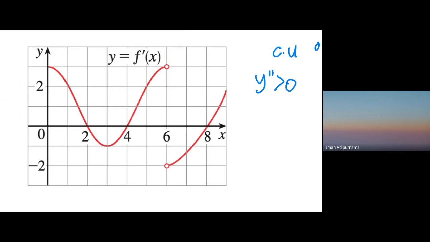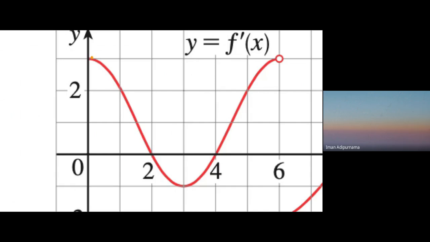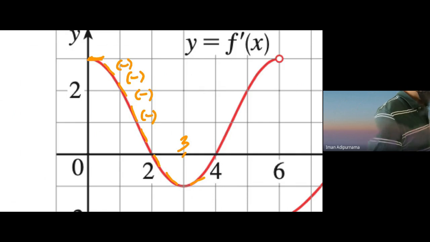From the first derivative, of course, you can see the slope. So first, imagine, let me just write, from the very beginning, from 0 here, the slope is going down from 0 to x equals 3. So the slope is negative, right? And then from 3, it's going up, going up.